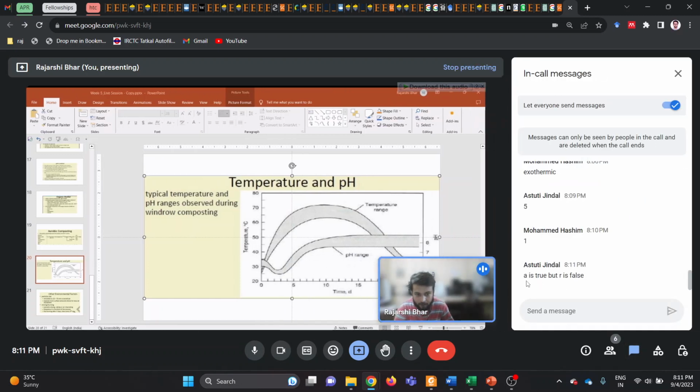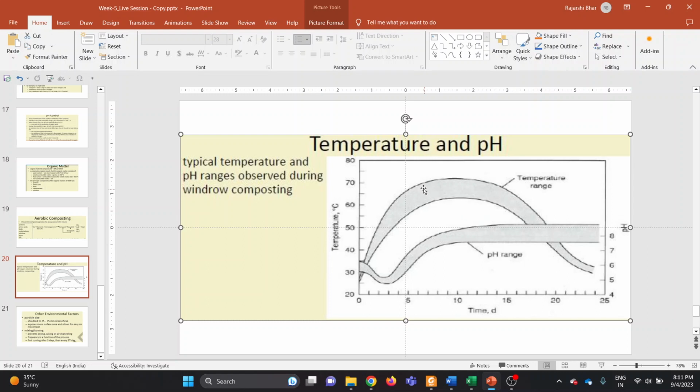Yes, this is the correct answer, that A is true and R is false. Reason being, you can see here, when is the temperature maximum? It is somewhere maximum here. In 5 days you can see it starts rising, and up to around 15 it is fine. The temperature is maximum during this period. So the assertion is fine. Now the reasoning states that pH is usually stable between 7.5 and 8.5 during the initial phase. You first see that 7.5 to 8.5 is here, and it is not this stability. It is not during the initial phase.